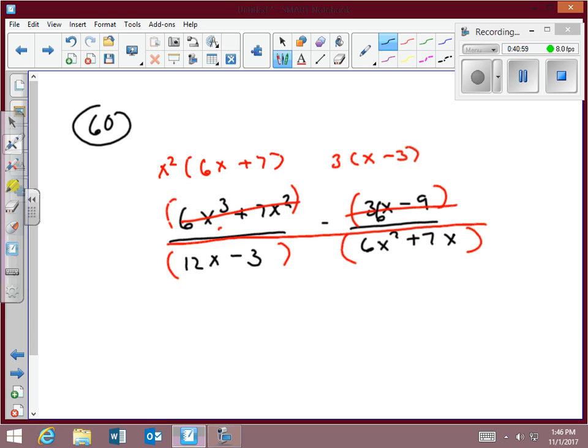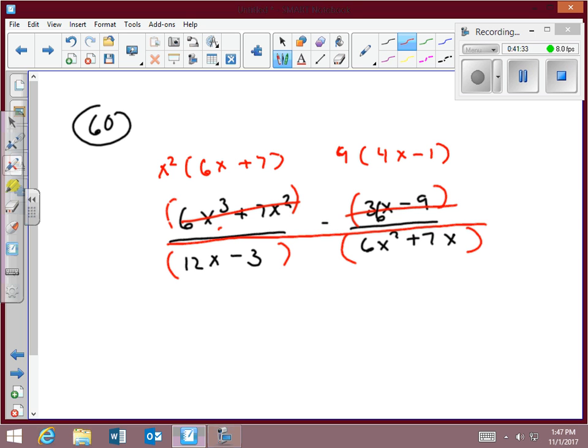Well, then 9 comes out. Right? And 9 comes out, then this whole thing is wrong. The 9 comes out, and then it's 4x minus 1, right?